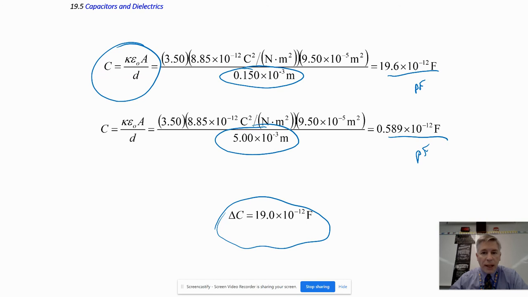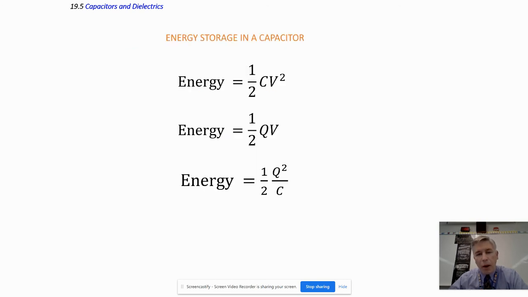The other part that we'll have, and we'll spend some more time on this when we get into the problems dealing with capacitors, is you store energy. You store electrical energy in this capacitor. And there are 3 different major ways to find that electrical energy.